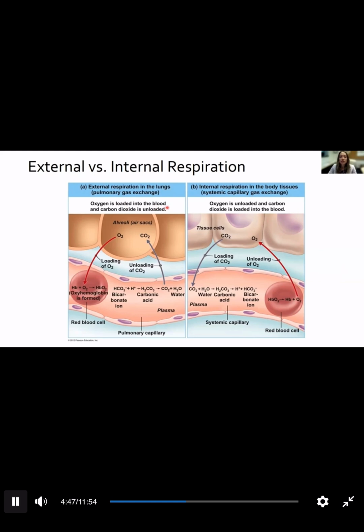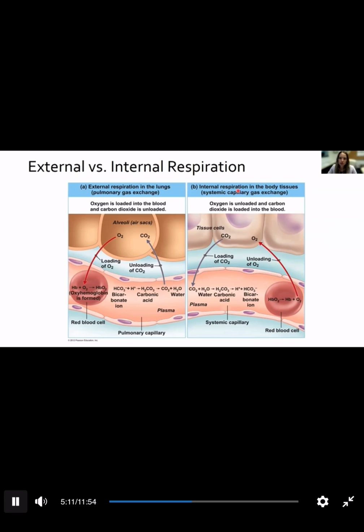Oxygen is loaded into the blood, carbon dioxide is offloaded. This is where pulmonary capillaries are right against the alveoli, which I will mention in the next couple slides. These are the air sacs that contain the air that you have just taken into your lungs, and then you can expel the CO2 that's offloaded.